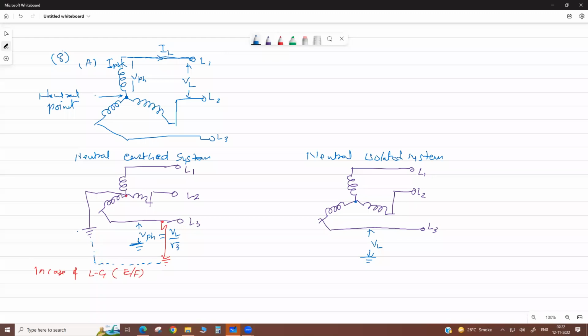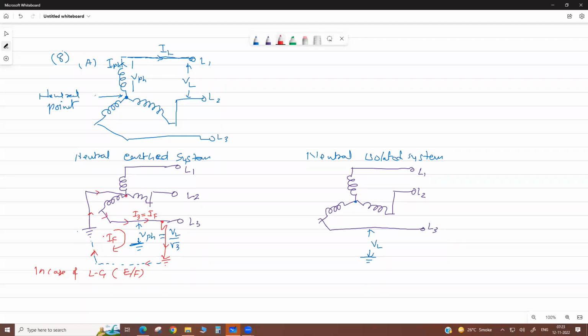Then what happens? A very high current passes through the winding which has become grounded. This is your fault current path. Through this neutral, very high current is passed. So the current through this line, I3, becomes equal to the neutral earth fault current.